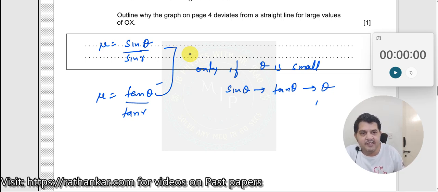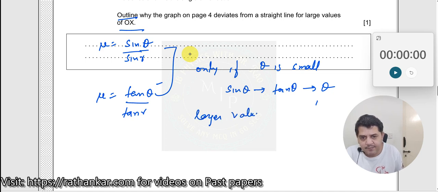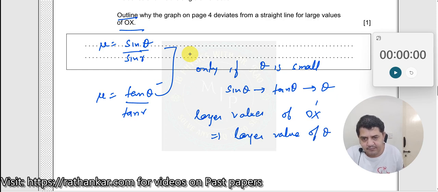Now let us come back to this question. I just explained everything. Outline why the graph on page 4 deviates from a straight line for larger values of Ox. Now what you should write here, so you should understand all this: larger values of Ox imply larger values of theta.